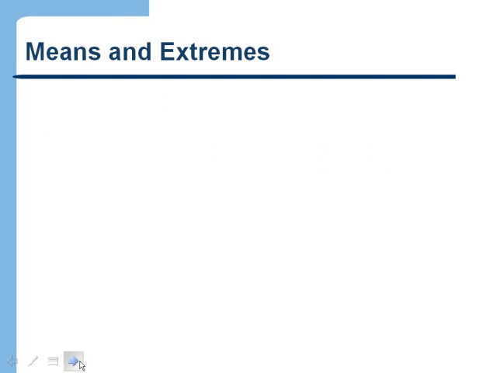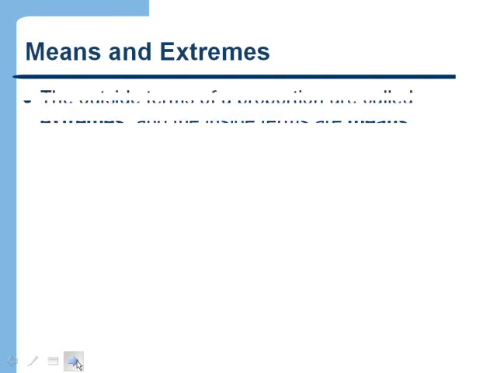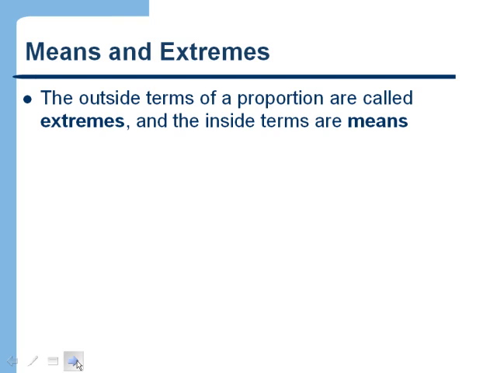Let's look at some vocabulary that is used when we talk about proportions, and that is means and extremes. The outside terms of a proportion are called extremes, and the inside terms are called means. So think of mean as middle.